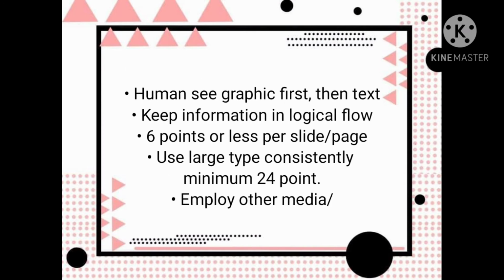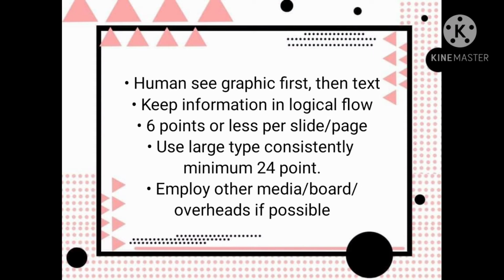Number 1, humans see graphics first, then text. Number 2, keep information in a logical flow. Number 3, 6 points or less per slide or page. Number 4, use large type consistently, a minimum of 24 point. And lastly, employ other media, board, overheads if possible.